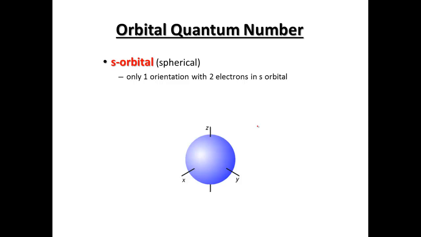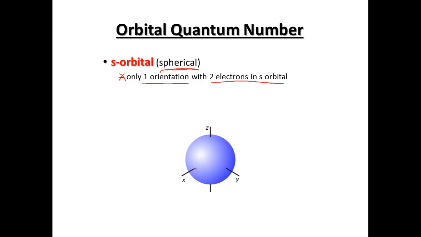Now our four orbitals, the first one is the s orbital. On your page, make sure you write down that the s orbitals are spherical, and then part 2, they only have one orientation and 2 electrons can fit in the s orbital. On your page, you've got an xyz axis.